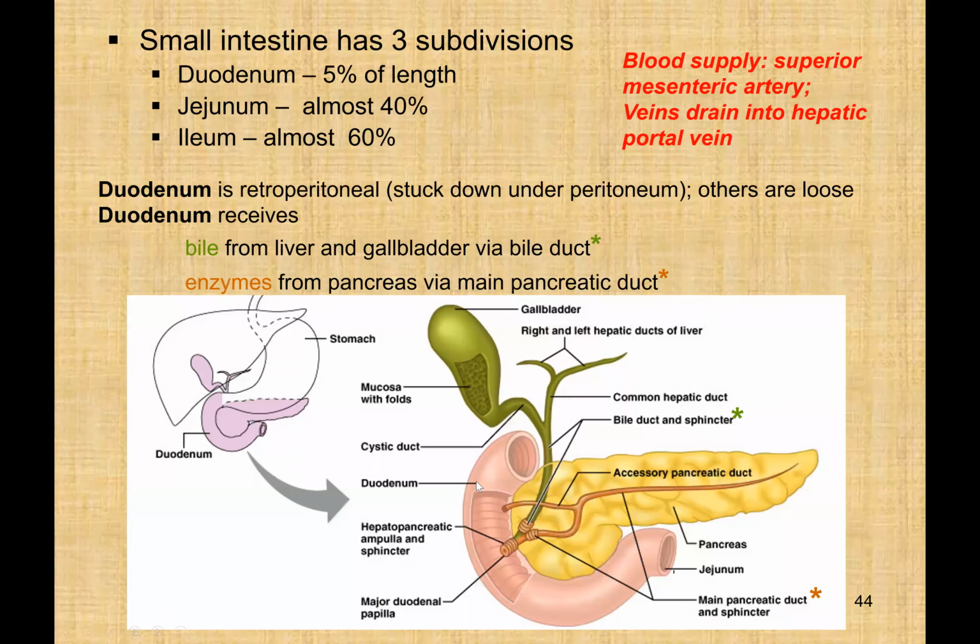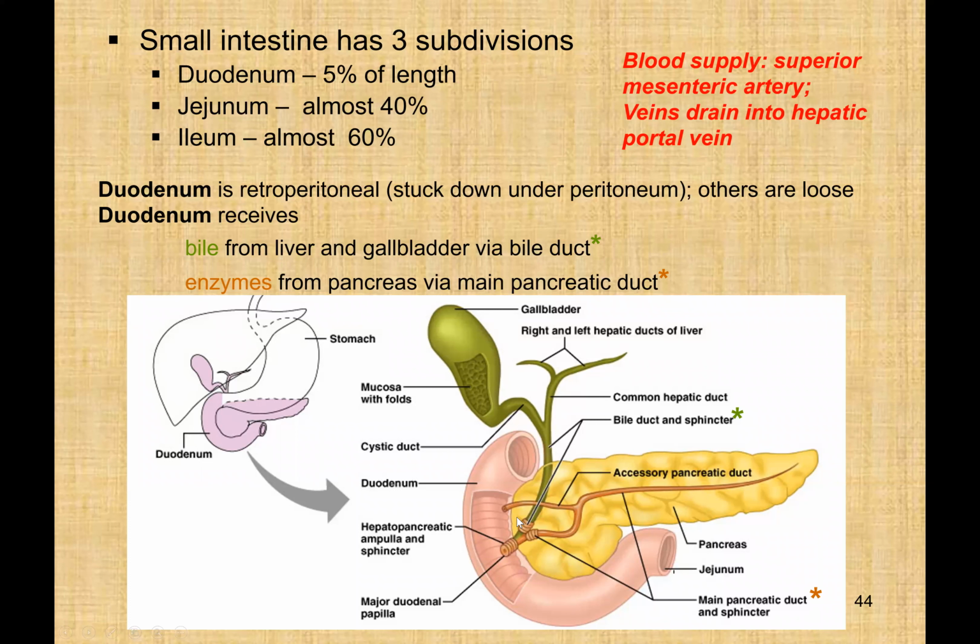Within the small intestine, we have the pancreas and the contents of the gallbladder being secreted into the duodenum. The content of the gallbladder will be secreted by the cystic duct into the bile duct. The right and left hepatic ducts of the liver will also secrete their bile into this.